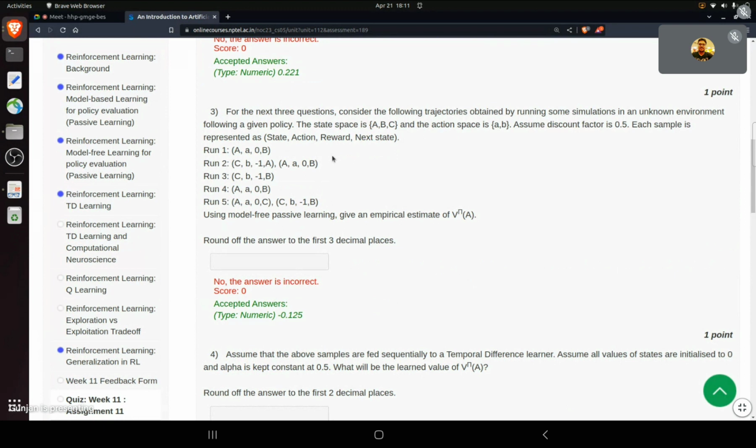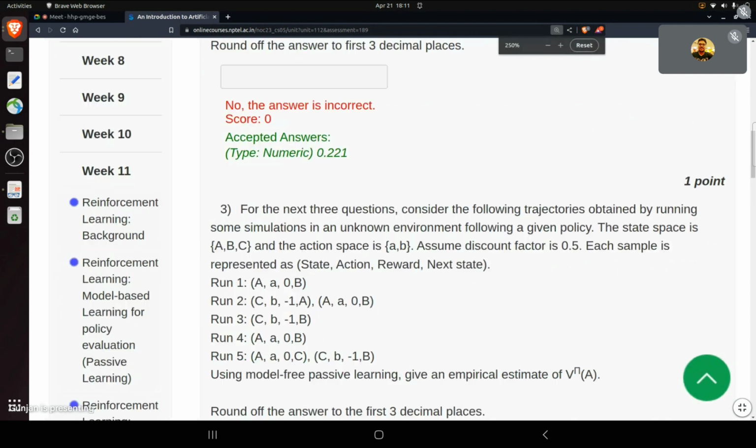You followed the variation where you considered transitioning from this state to that state, then estimated the probabilities and got the value. But I simply computed the reward in an r1 plus gamma r2 plus gamma square r3 fashion and still got the same answer.